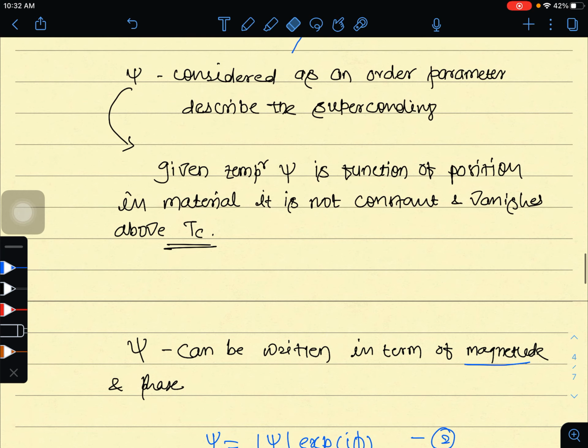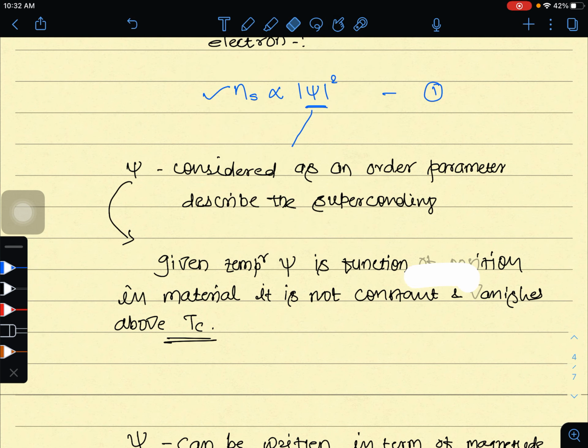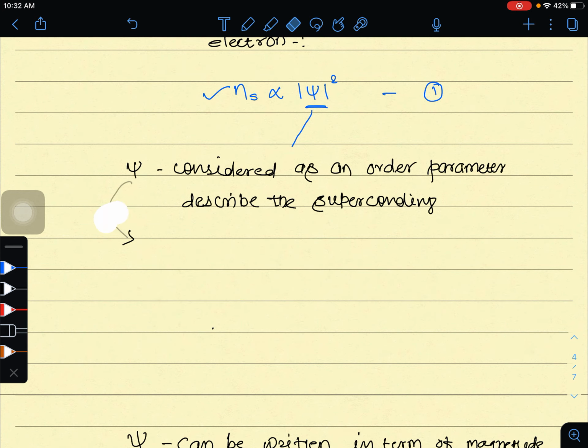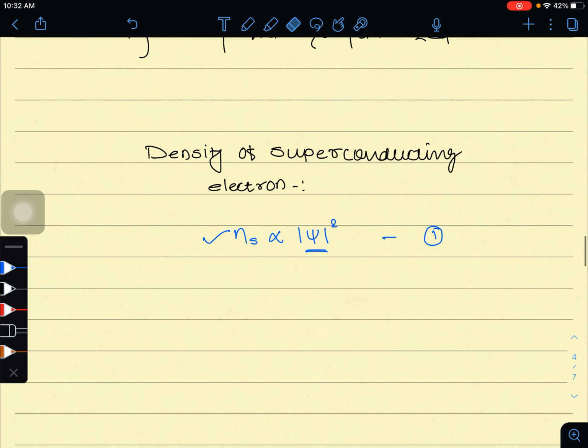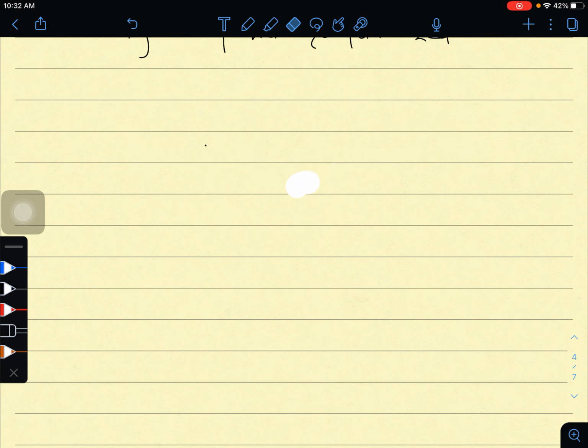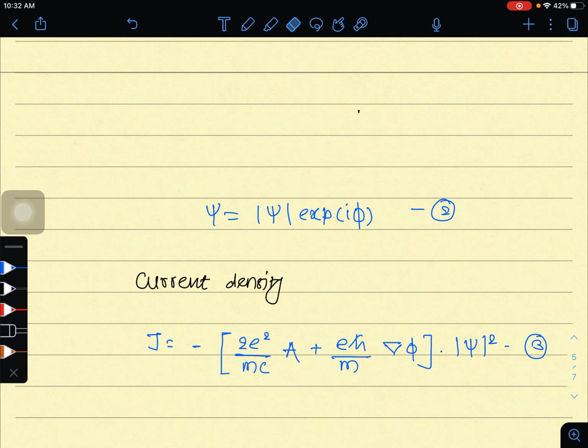We need another equation, the equation for current density. The current density is J equal to minus of twice e square upon mc times A plus e h cross upon m times del phi, into mod of psi square.